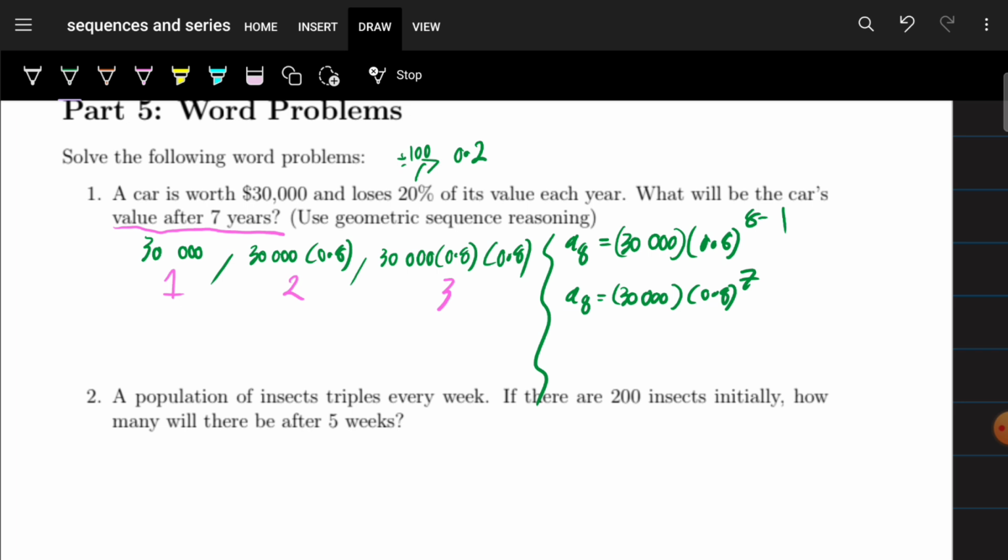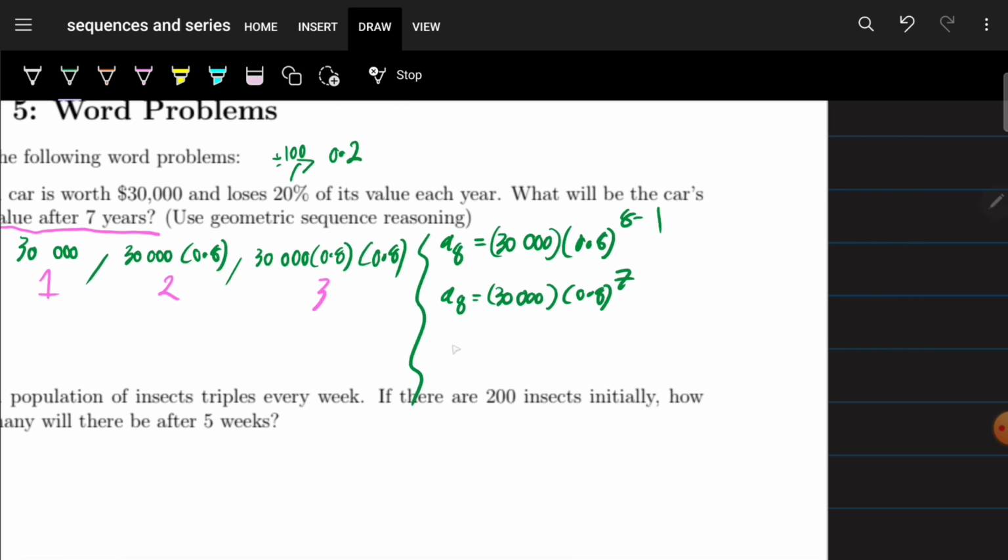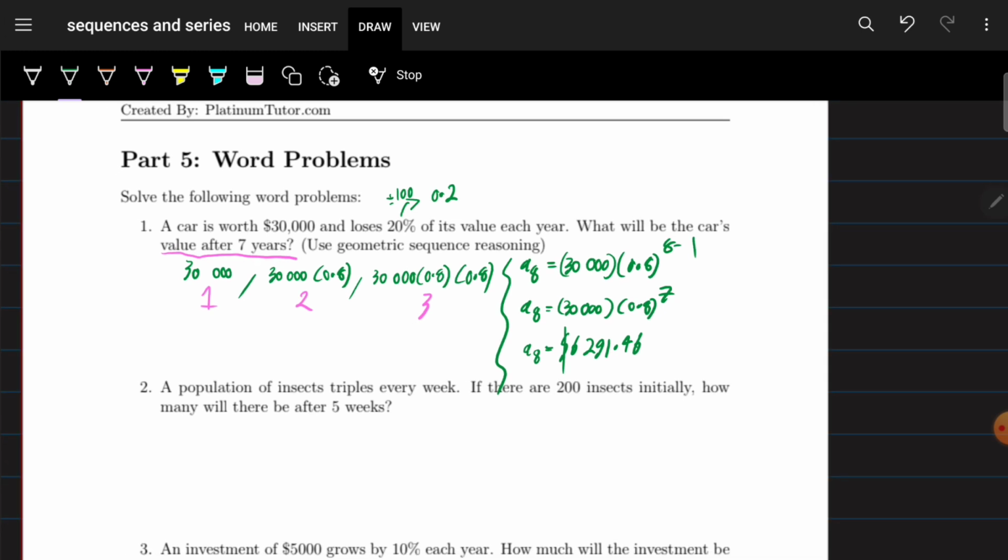So this is going to come out to 6,291.456, so around $6,291.46. Okay, so this is the value of the car after 7 years, assuming that it depreciates by 20% each year.